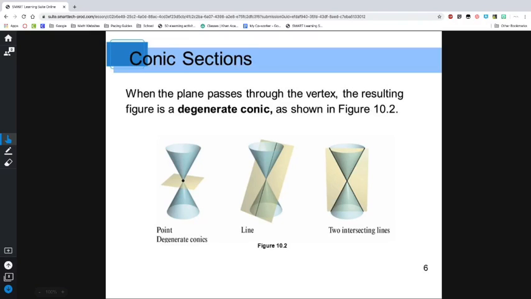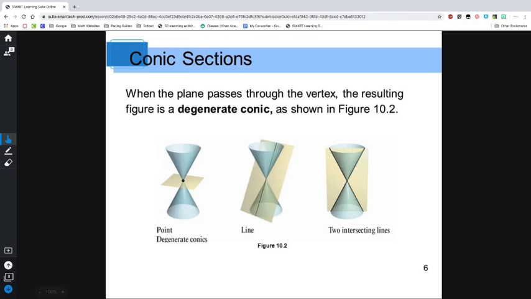So, case 1, when the plane goes through the point where those two cones intersect, we get a single point. That's going to come from looking at the equation of an ellipse or a circle and only being able to graph the center. Okay, second case is a line. We're not going to really see this case mathematically in our homework.